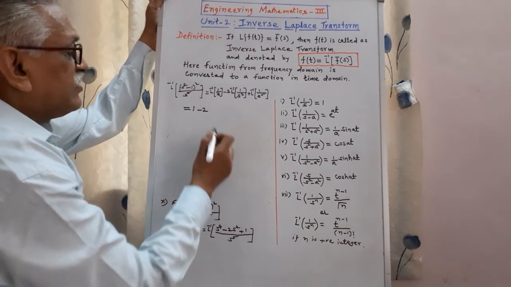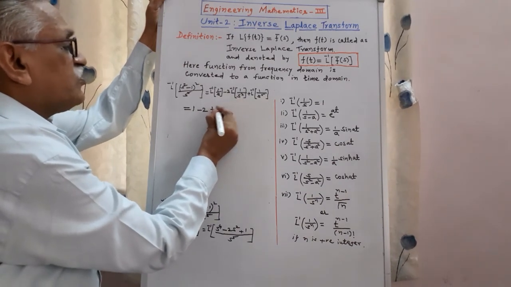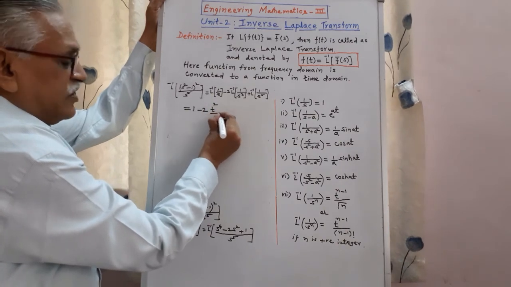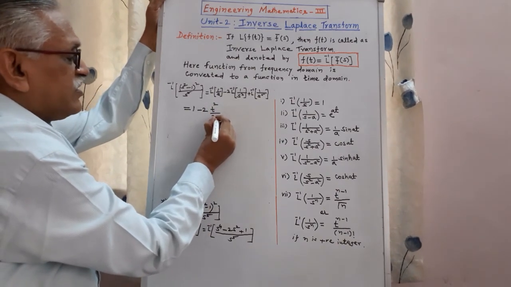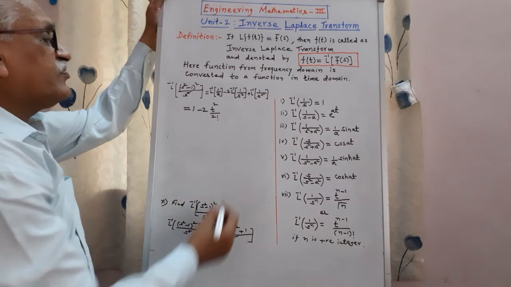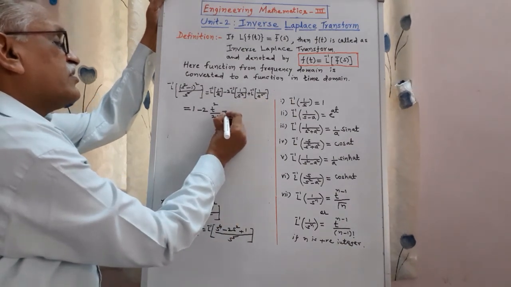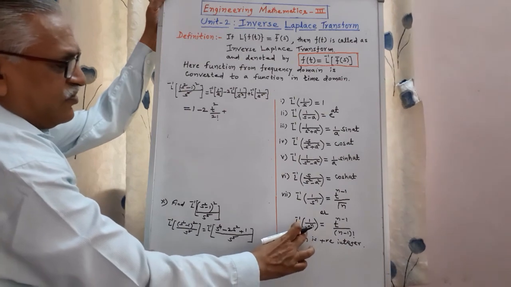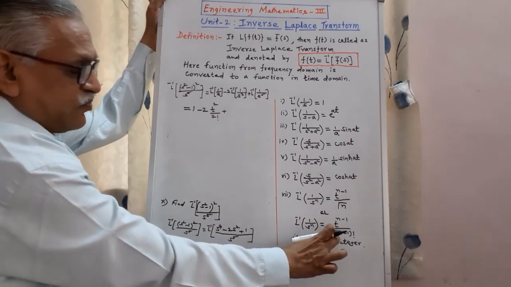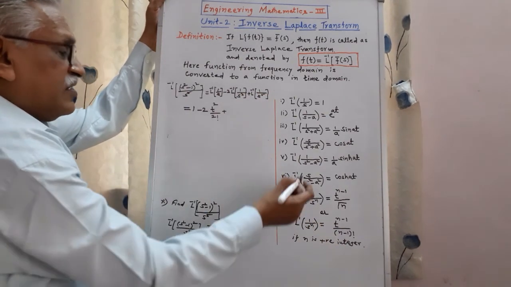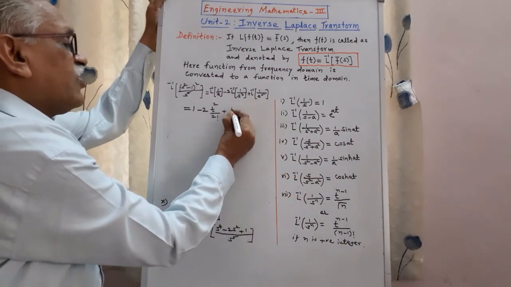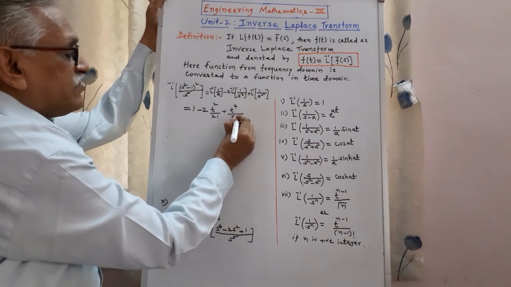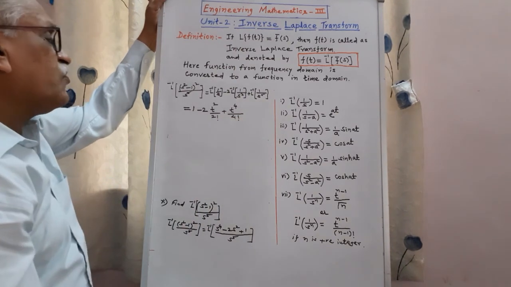Therefore, applying this, for 1 by s cube its inverse is t raised to 3 minus 1, that is t square, divided by 2 factorial, plus again 1 by s raised to 5, as n is a positive integer, it is t raised to 5 minus 1, we get 4, divided by 4 factorial.